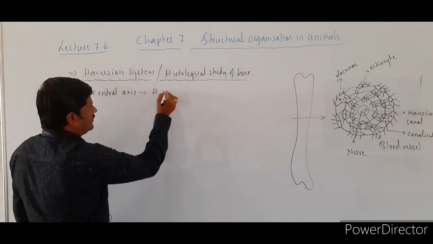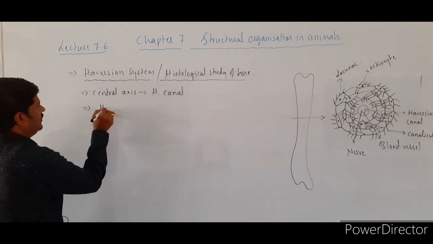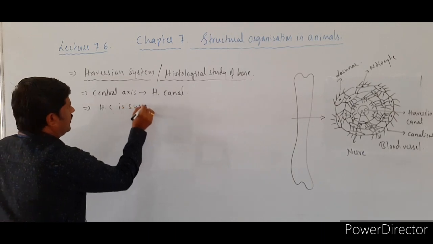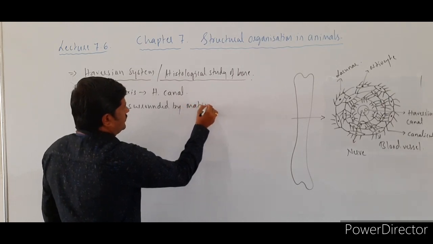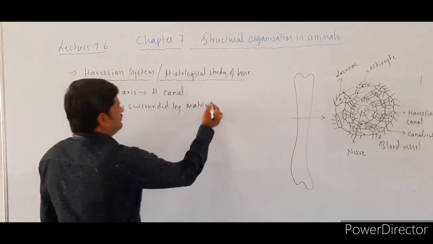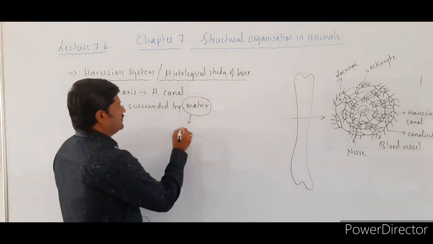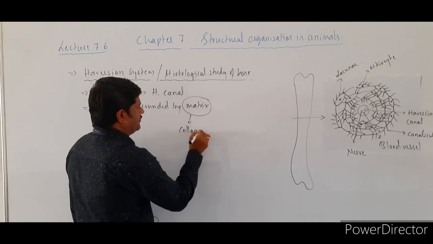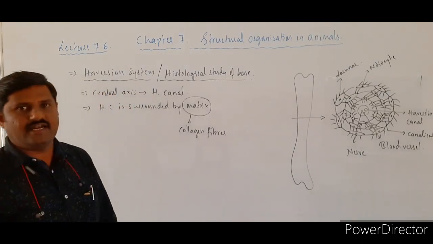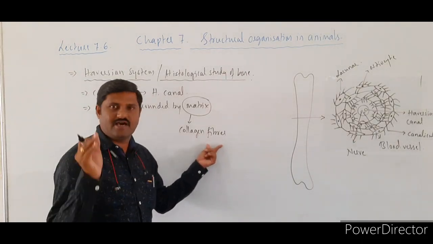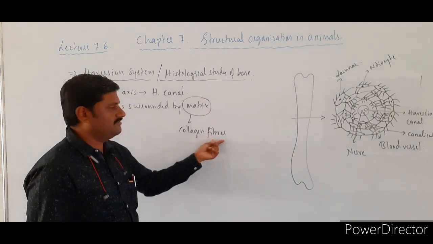And this matrix mainly consists of white collagen fibers. A very important point to be noted over here: white collagen fibers are richly arranged here.